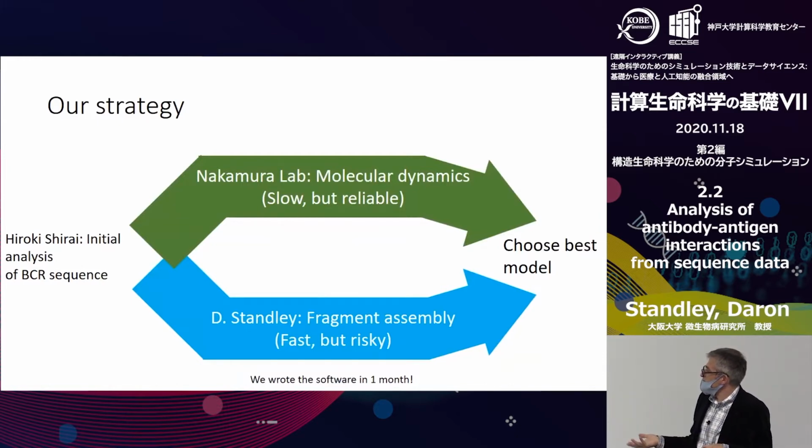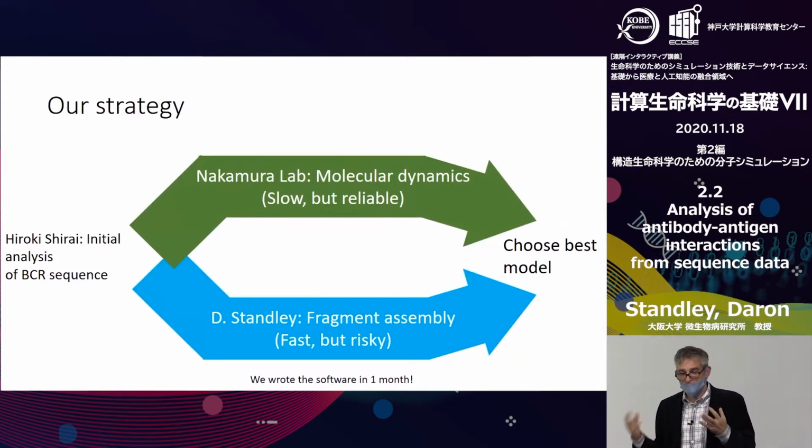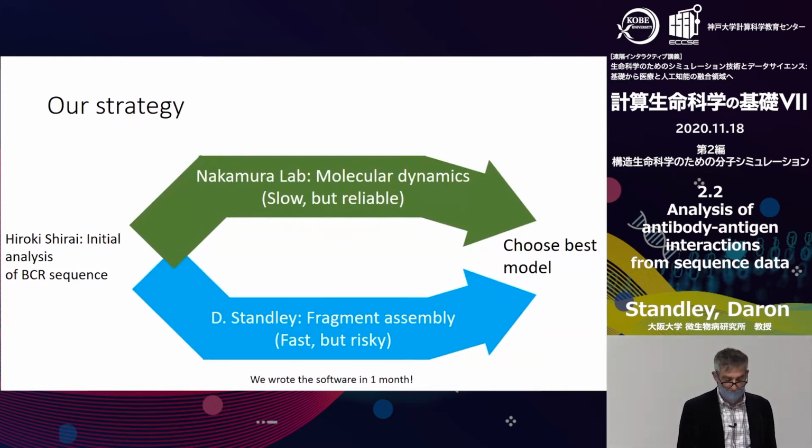Our approach is a fast approach. Basically, we just take pieces of structure, assemble them together, and score them. And Nakamura-sensei took the very classic approach of doing molecular dynamics for a very long time and tried to sample the antibody loops as much as possible.